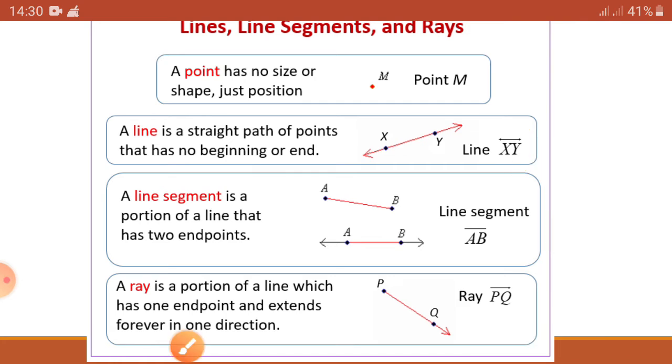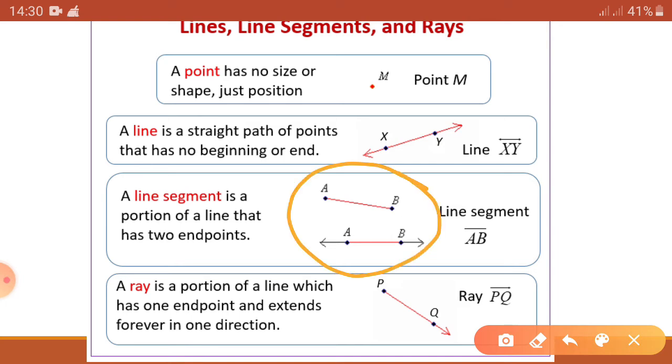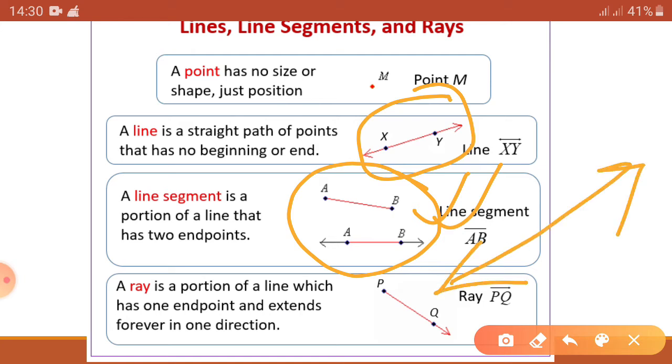Next point is line segment. What is a line segment? A line segment is a portion of a line, that means it is a part of a line that has two endpoints. Whenever we are talking about the line, it can extend on both sides. But in a line segment we will be talking about the part of a line that has two endpoints. So if I take a line that extends on both sides, then a part of the line is known as the line segment.